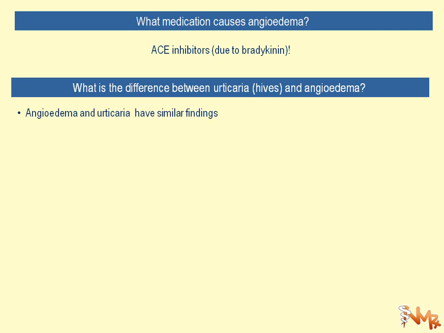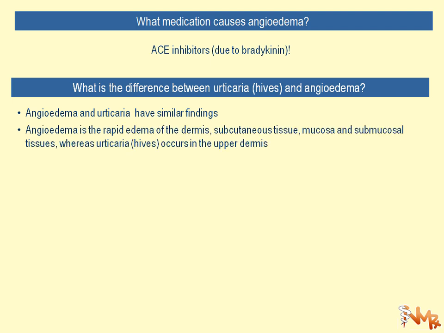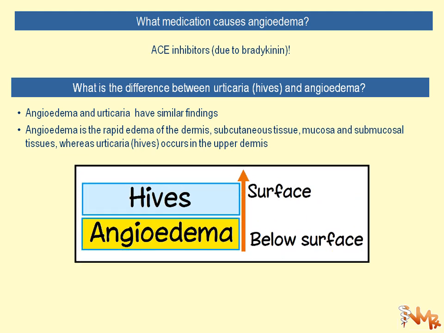Angioedema is the rapid edema of the dermis, subcutaneous tissues, mucosa, and submucosal tissues. In contrast, urticaria or hives occurs on the upper dermis. So urticaria on the surface, angioedema below the surface.